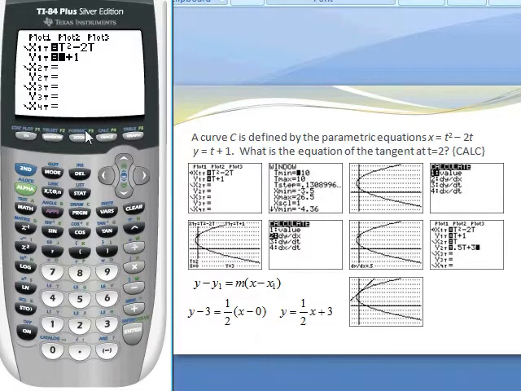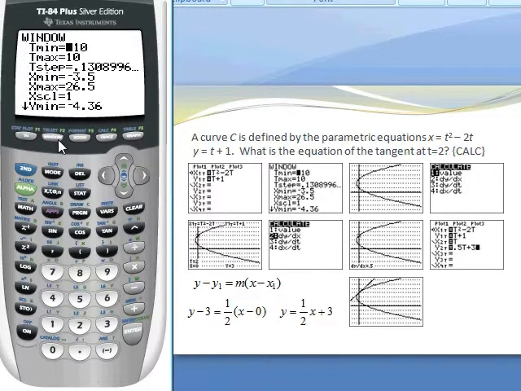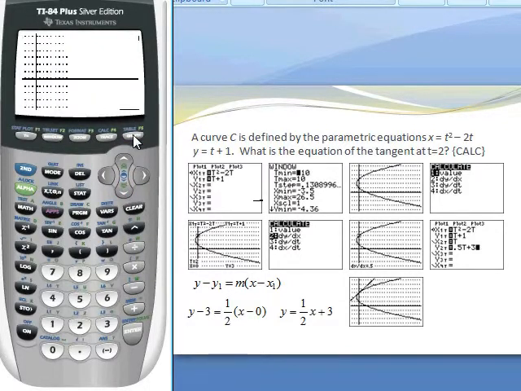Now, if I want to change my window, I enter negative 10 to 10. This is just the default from last time, and that's not a bad value. You can change these things if you want, but I'm not going to worry about it. And when you graph, you're going to see your parametric equation.